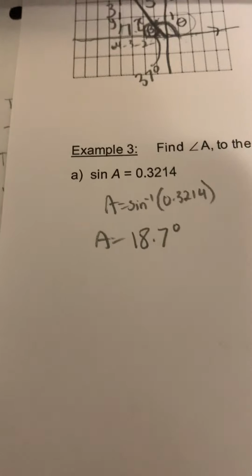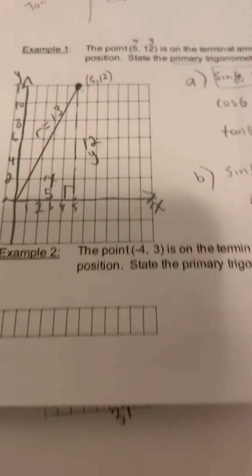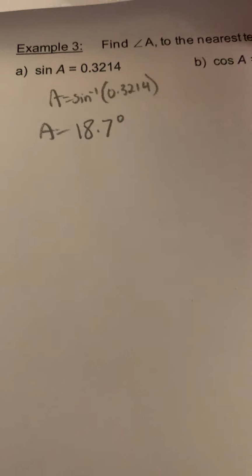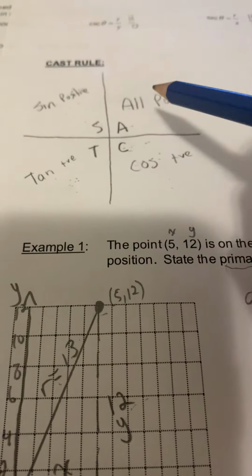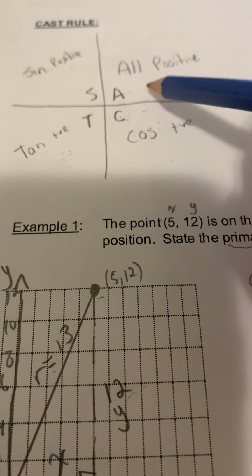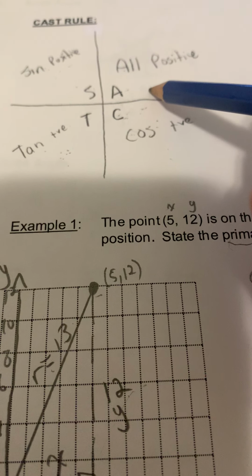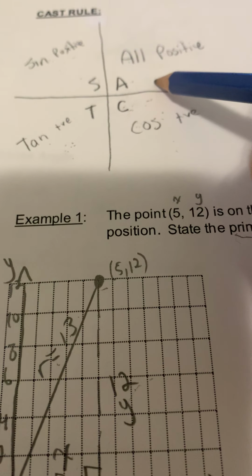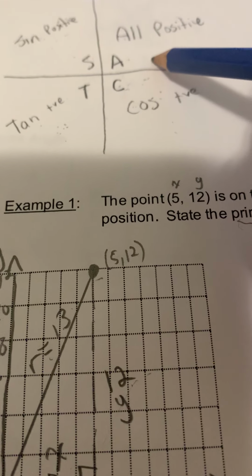So going back to our CAST rule, sine. So this is sine we're doing, and so we have a positive answer. So what happens is we actually get two answers. We always get two answers. You get one that's going to belong in the first quadrant because all the ratios are positive here. So we have our 18.7, which lies in the first quadrant.